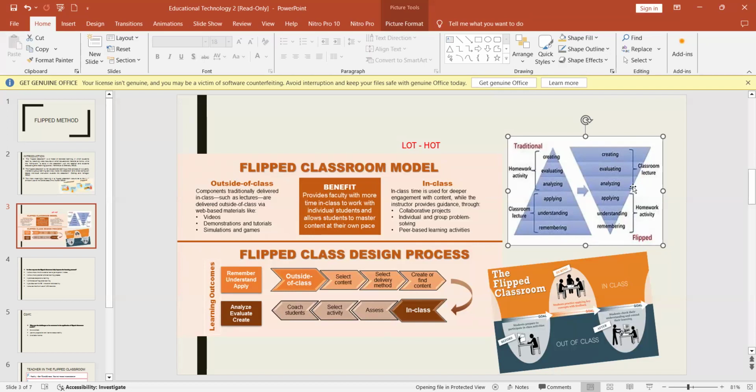So based on what you send as materials, using technology, in the flipped class, out of class activities come before in class. So you're supposed to send them materials to listen or read.